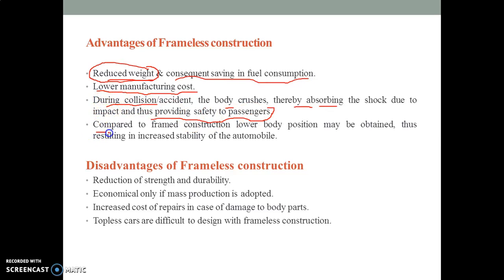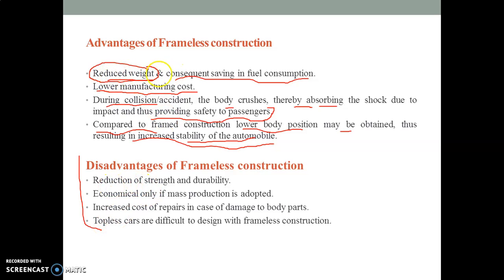Then, compared to frame construction, a lower body position may be obtained, resulting in increased stability of an automobile. And generally in all conditions, while in motion, the body of the car is stable in all situations. So let's discuss some of the disadvantages of the frameless construction.